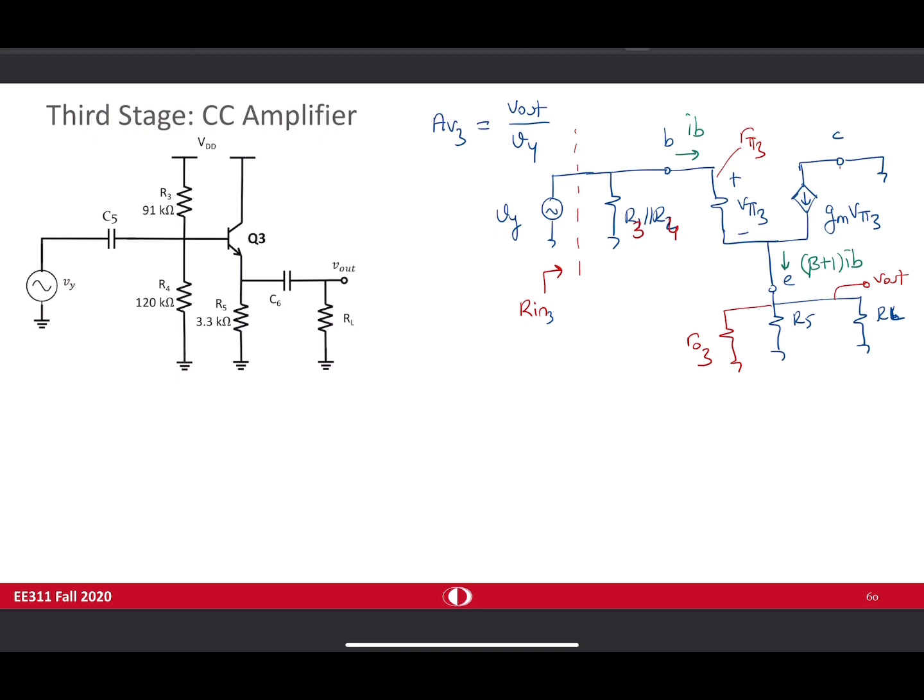The first is between VB and Vy. The second thing is between VB and VE.